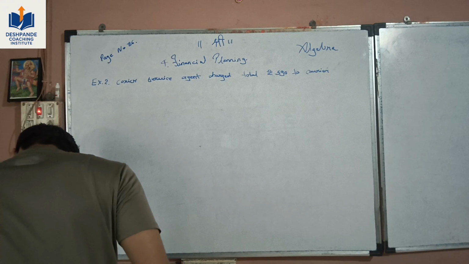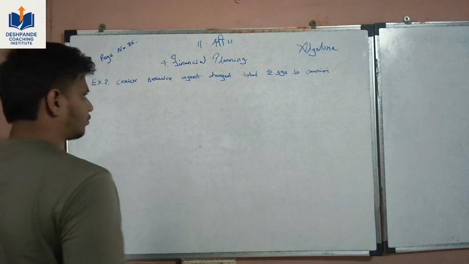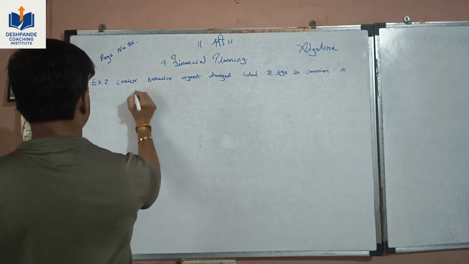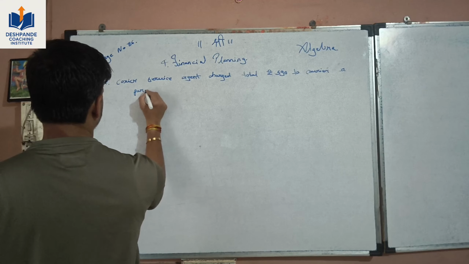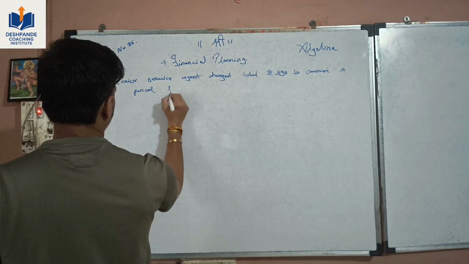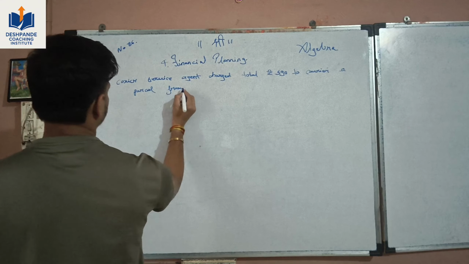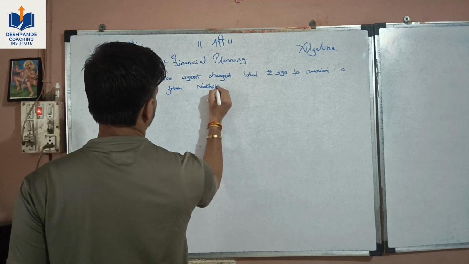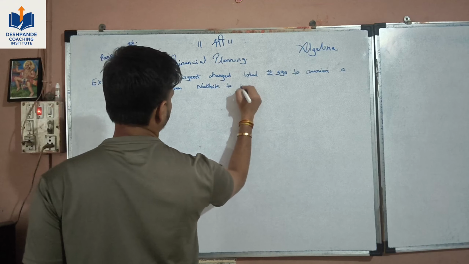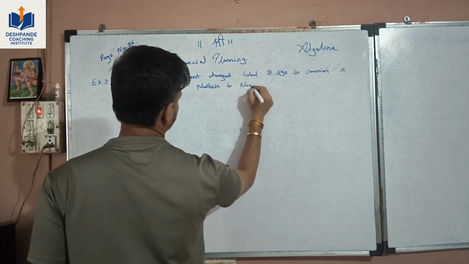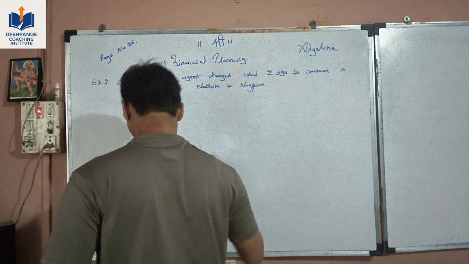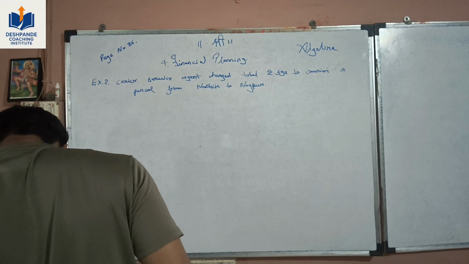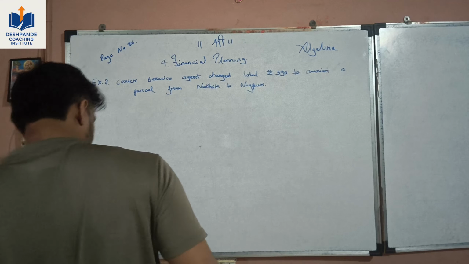a parcel from Nashik to Nagpur. In the tax invoice, taxable value is rupees 500.